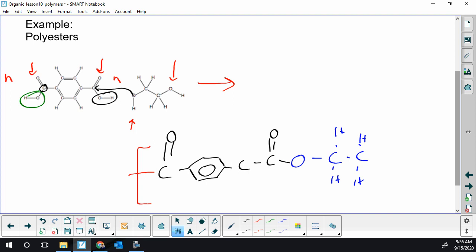I didn't show any O's at the beginning, so I've got to show an O at the end to get the count right. Okay? And then that's going to repeat. So this O would connect to another acid in another unit. So you have to, in your mind, try to visualize this happening over and over again and growing, like something I have on the top of the board.